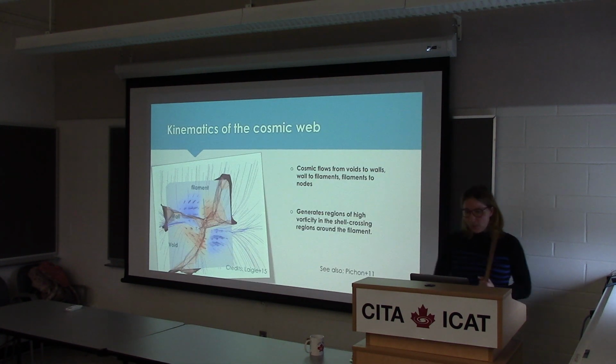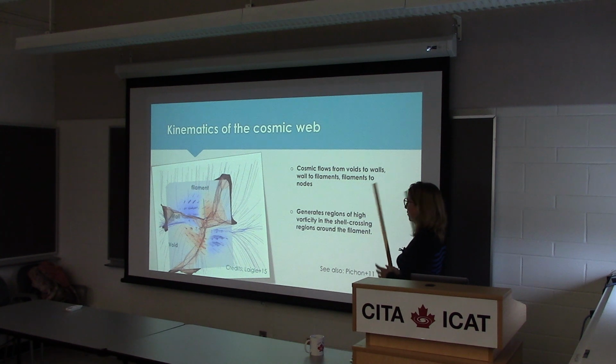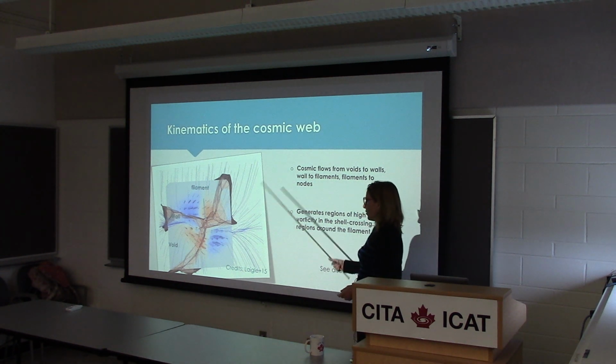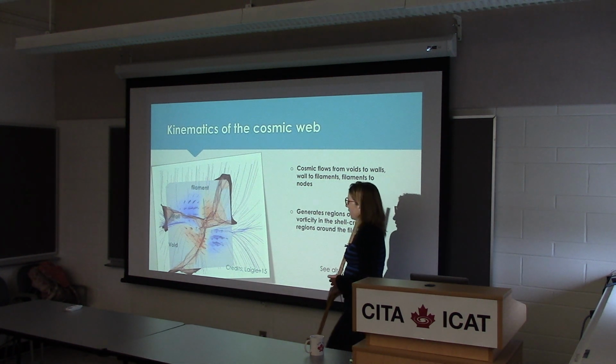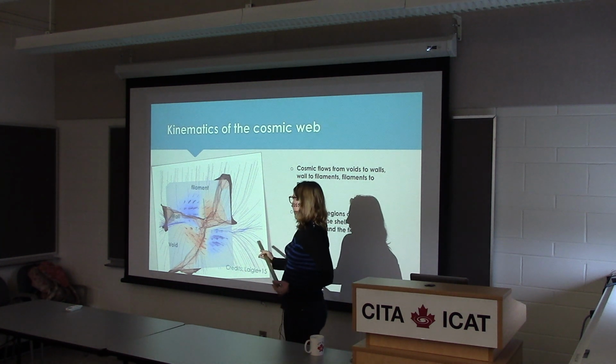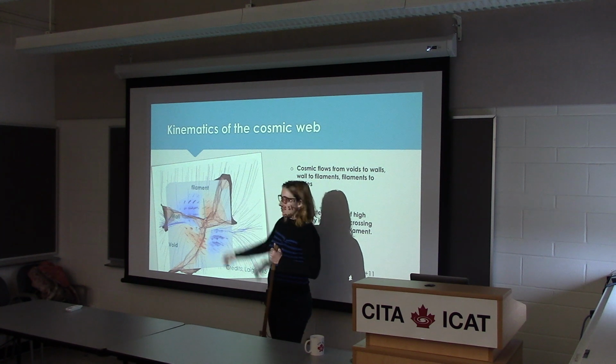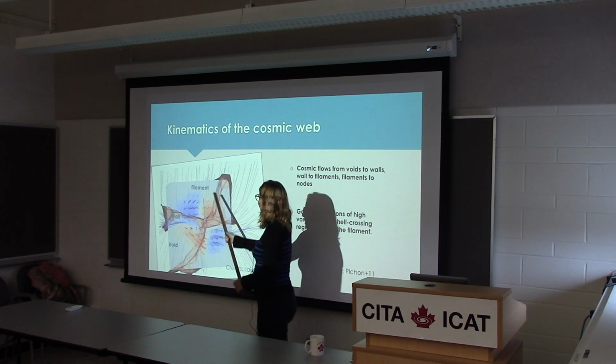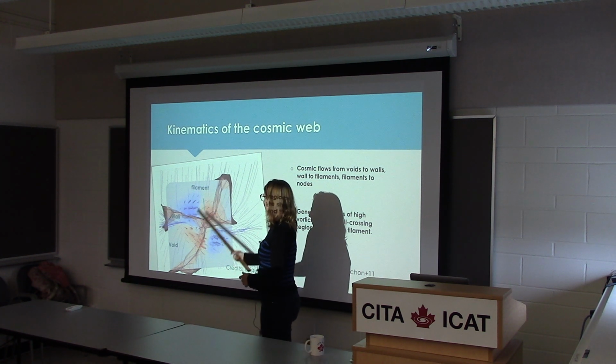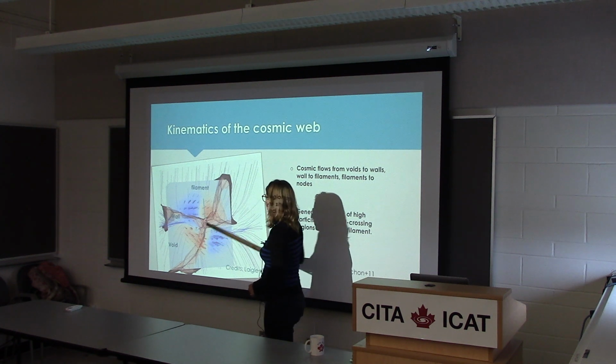By kinematics of the cosmic web, I mean the cosmic flows, the geometry of the cosmic flows directly influenced by this anisotropic distribution of matter. Here you have an example from a Gadget simulation of a filament that is pointing towards you, segmented by 4 walls, themselves segmenting big voids.